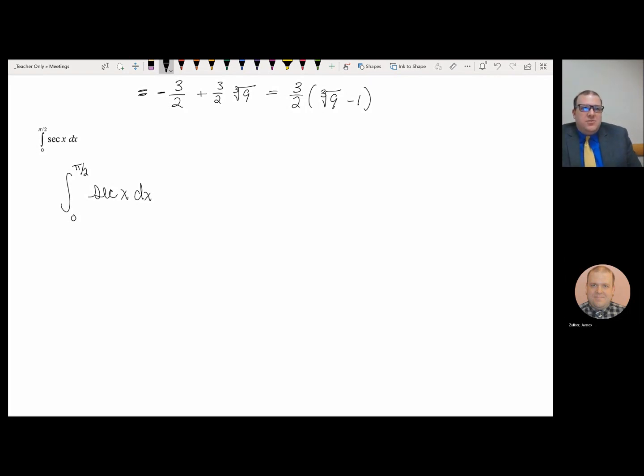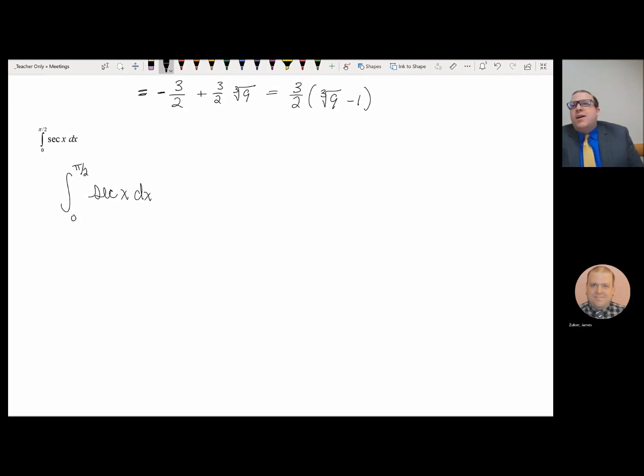Secant has discontinuities. Now here's the big question. Is it discontinuous over this interval? Where? I saw you nod. Where? Pi over 2.